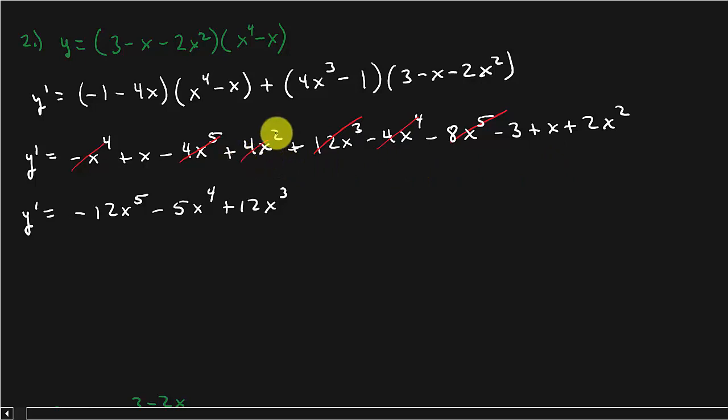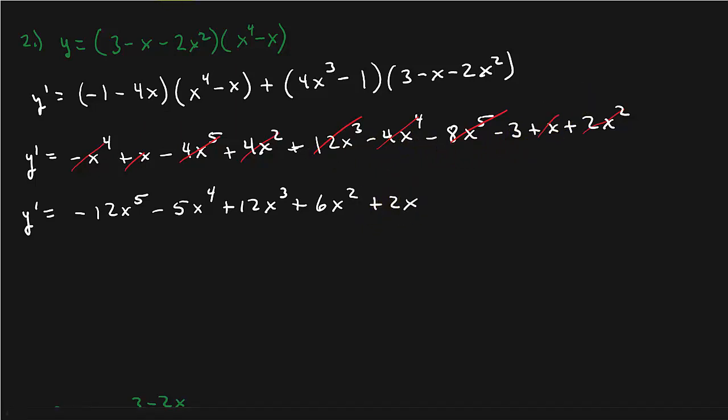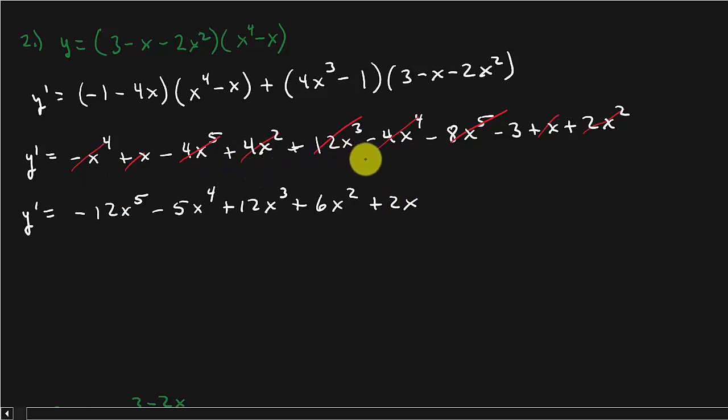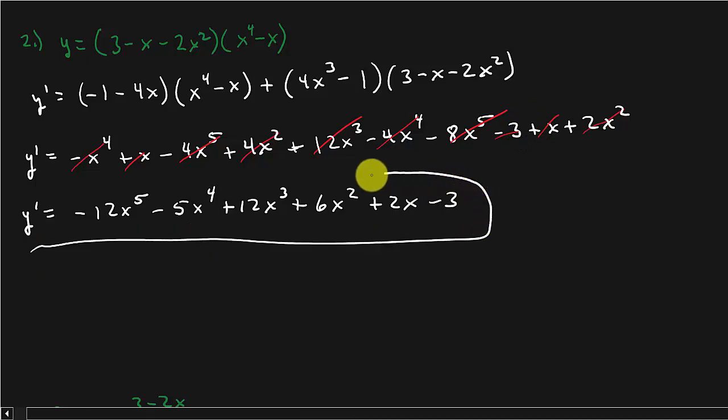That's 4x squared plus 2x squared, which is 6x squared. And then we've got our x terms, so that's x plus x, which is 2x. And then our constant terms, minus 3. And there's your answer.